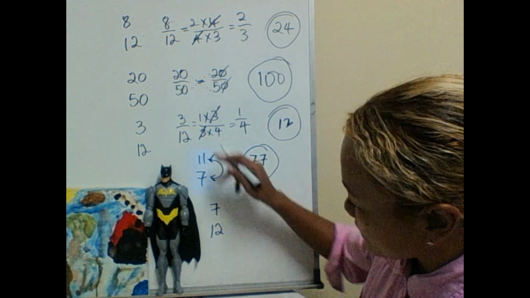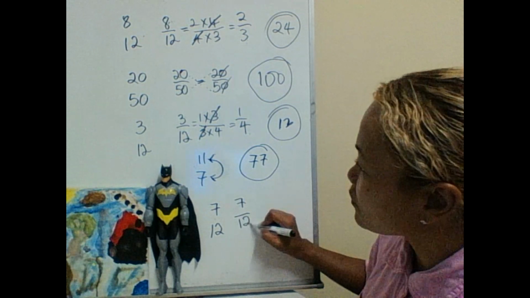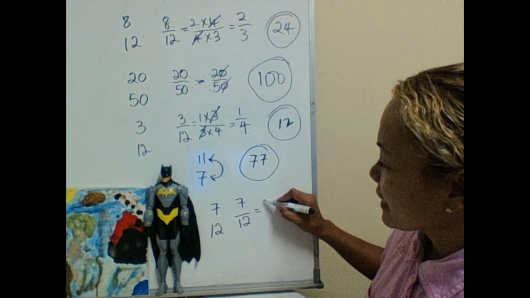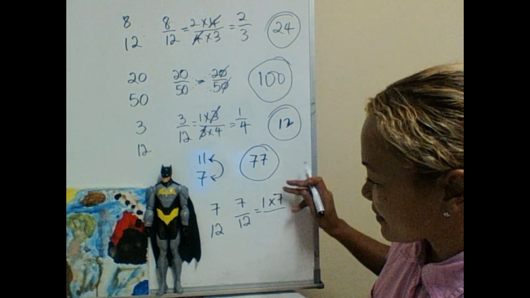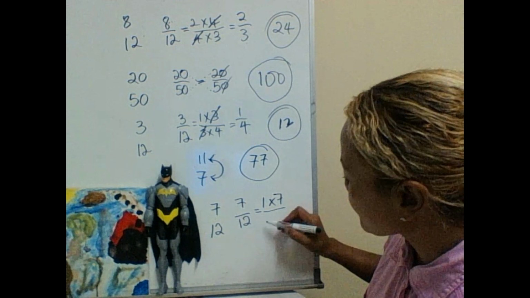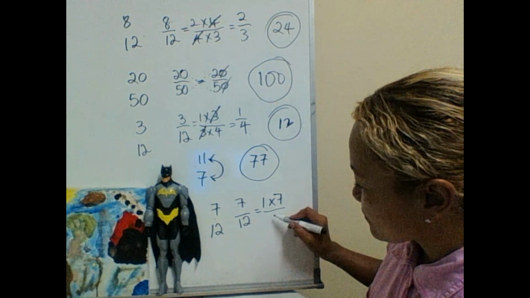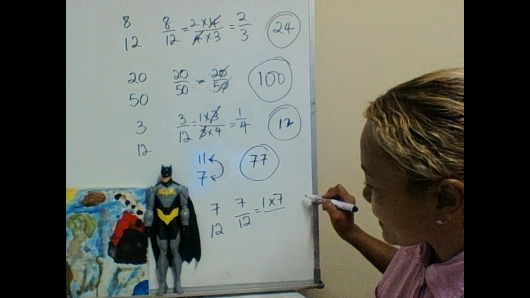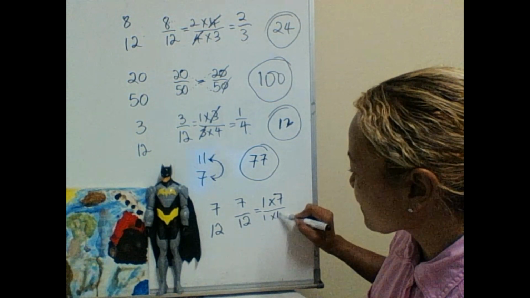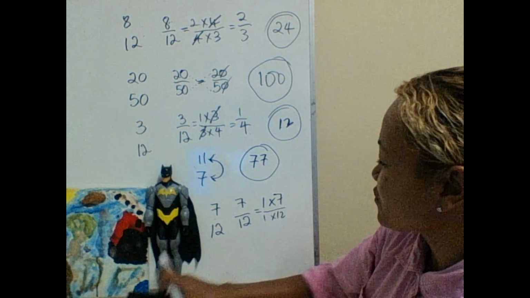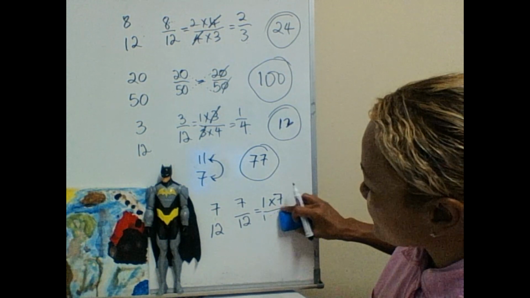So let's see what happens if we do what we did up there. 7, which is the prime number, over 12, which is not a prime number. It's 1 times 7. Can't do anything more because it's a prime number. And 12, you can't break it down further. It's just 1 times 12, or 1 times 3 times 4, or 1 times 2 times 6.